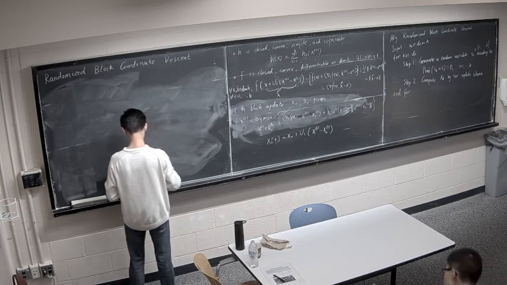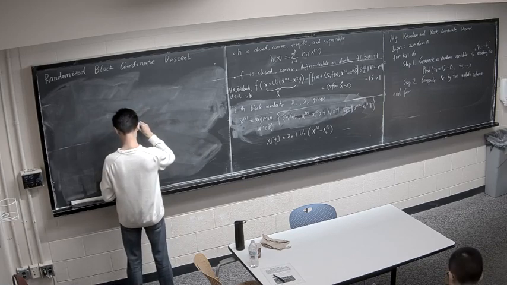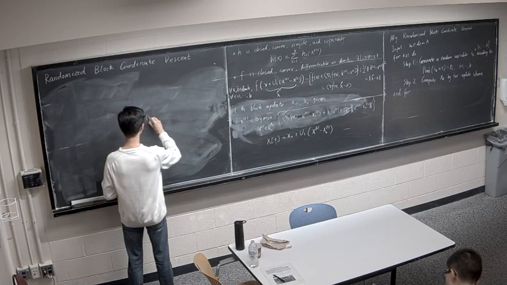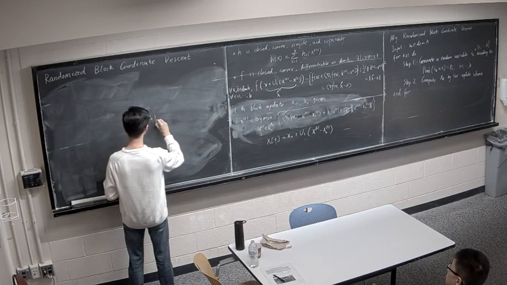In the end, the convergence guarantee is something like the expected value of phi of xk.